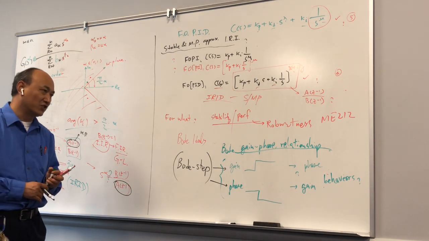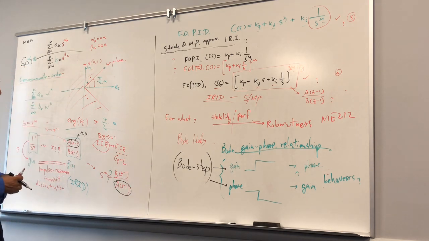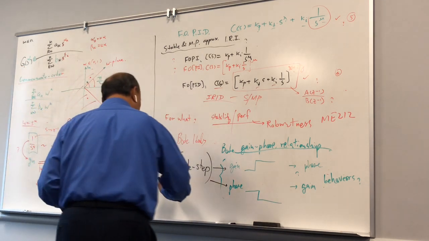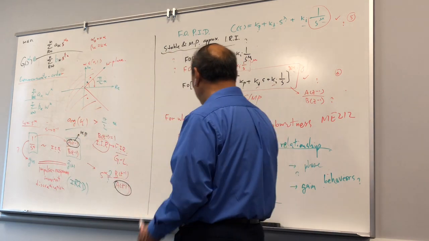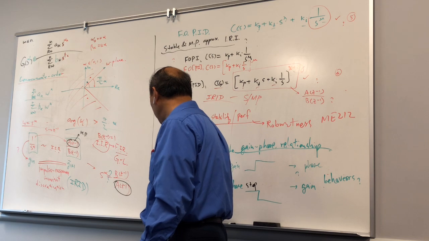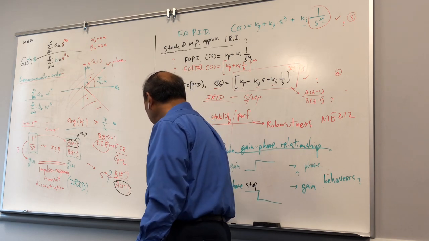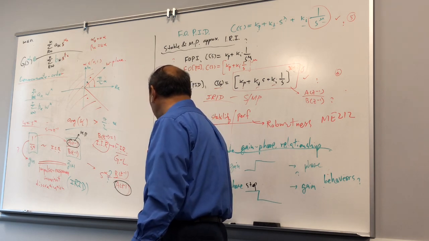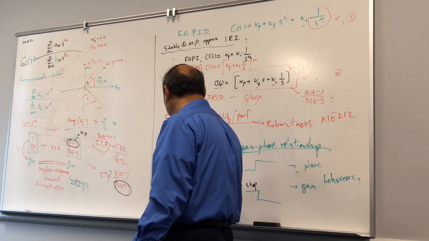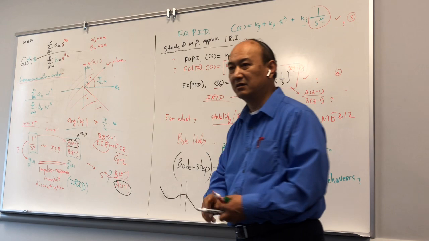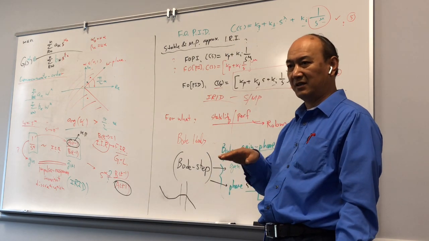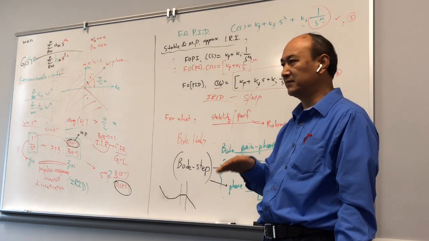What I suggested last time is a phase step. Say for example, I have a phase that is initially 0 and comes to here. I have a step in here, so this is my phase. I keep it flat. It's like a phase step in here.